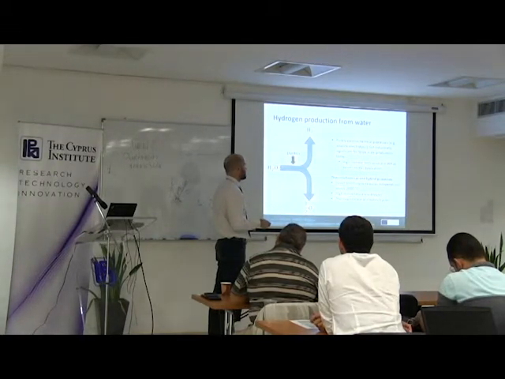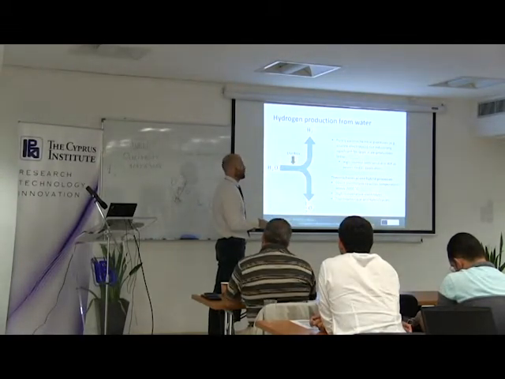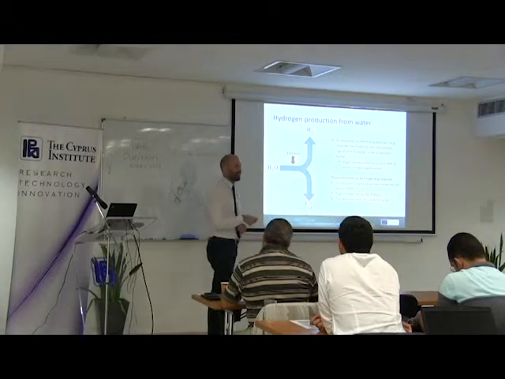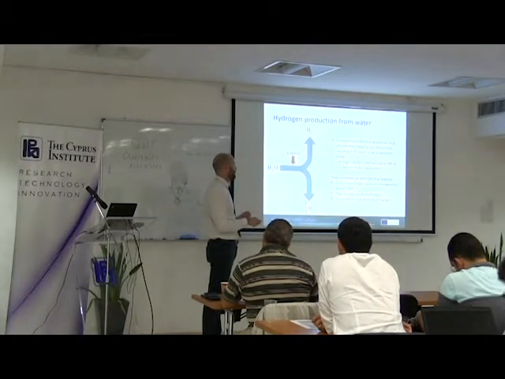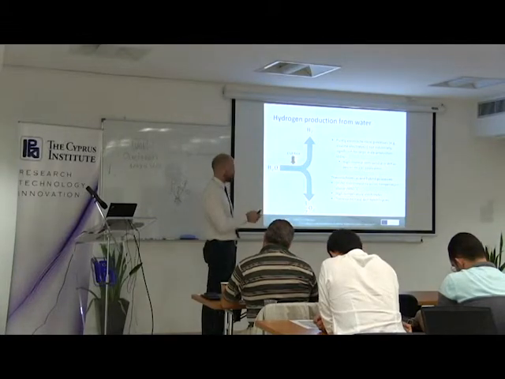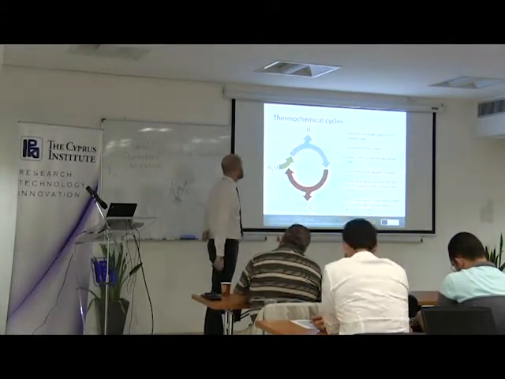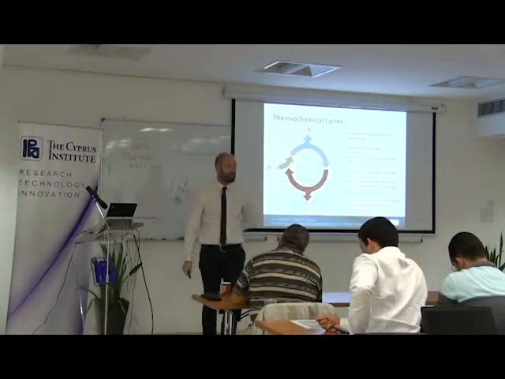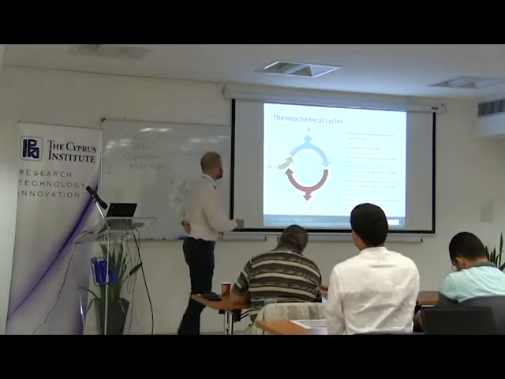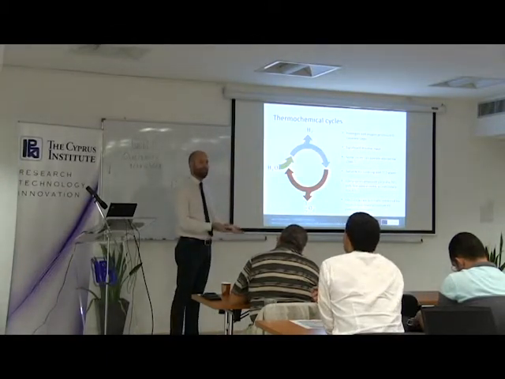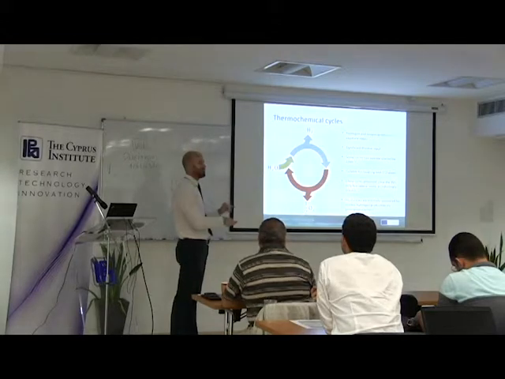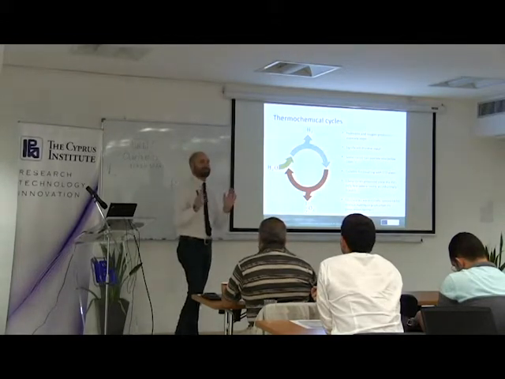Other processes are purely thermochemical cycles, and we will see what a thermochemical cycle is right away, and then hybrid cycles, which include high temperature electrolysis hybrid processes. So what is a thermochemical cycle? We said if we want to go just by giving a thermal input from water to hydrogen and oxygen, this requires very high temperature.